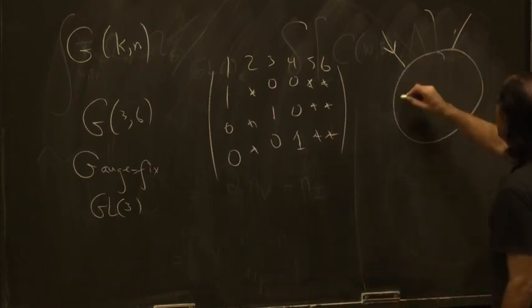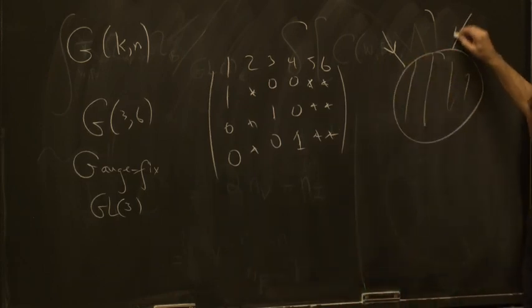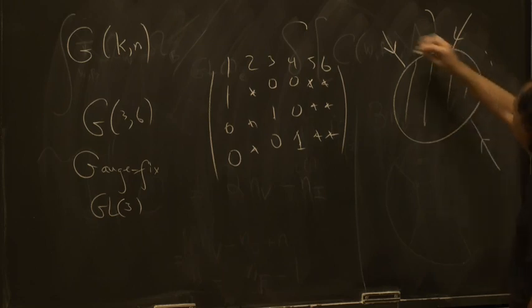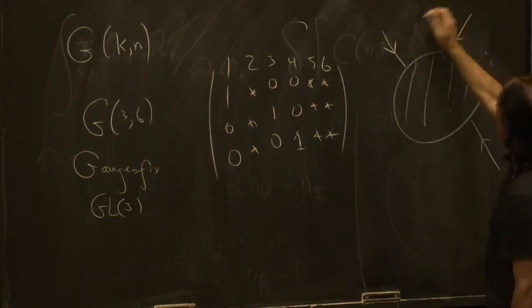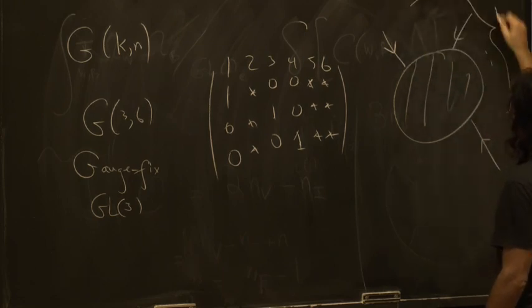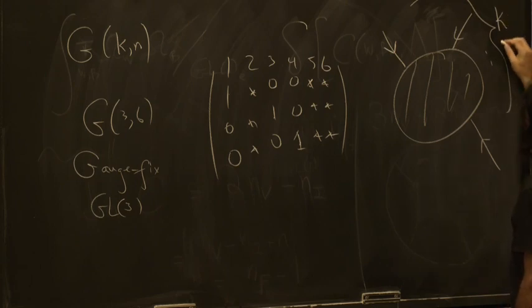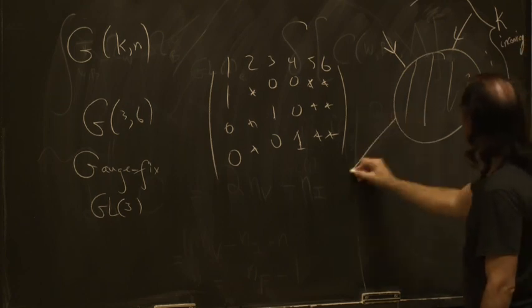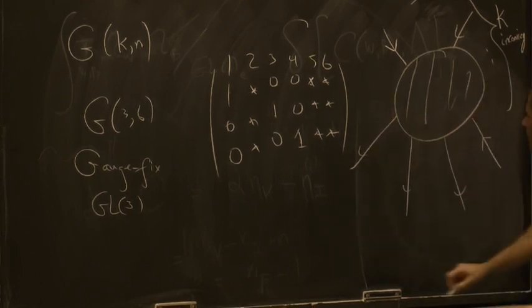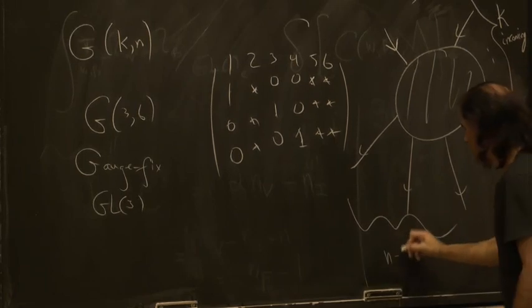Whoever the k guys are that are gauge fixed to the identity will be represented by incoming arrows, and the remaining n minus k guys are going to be represented with outgoing arrows.